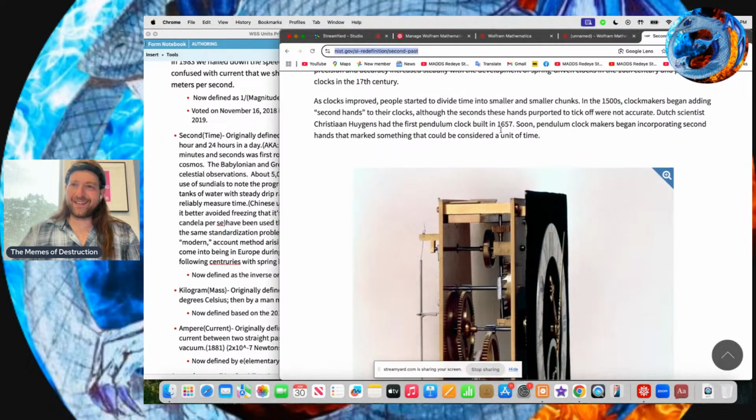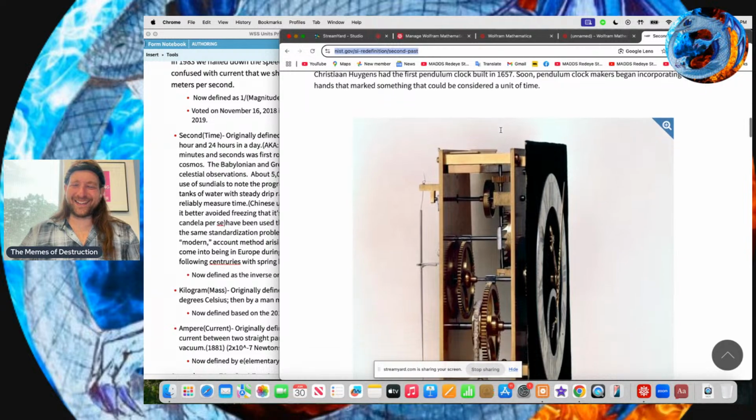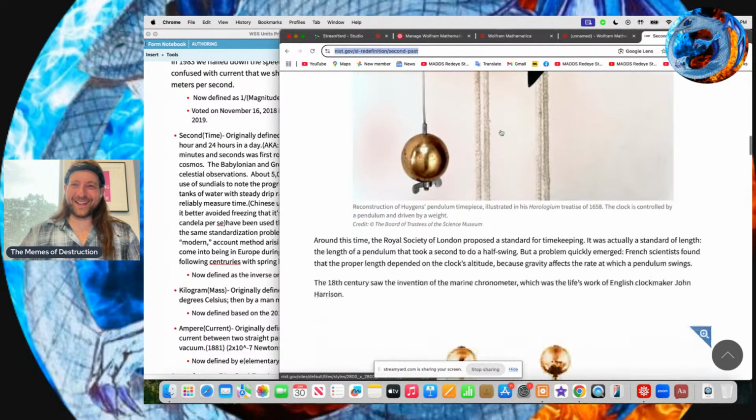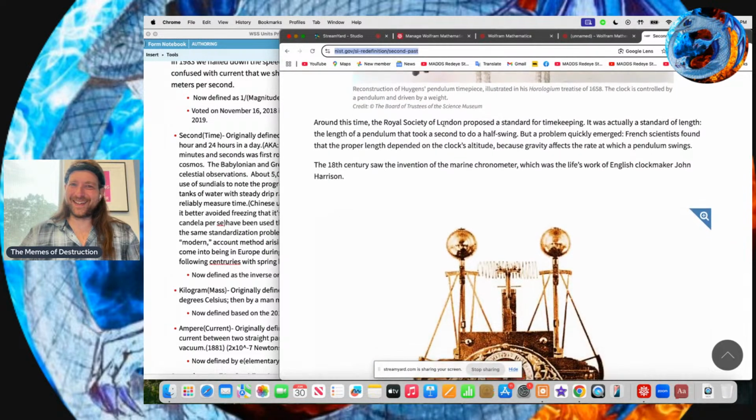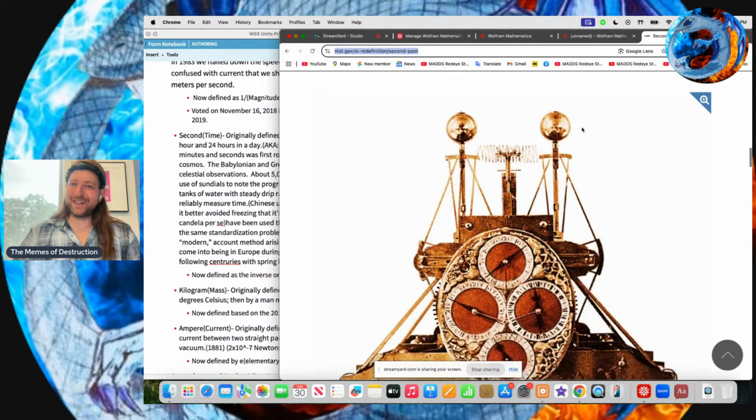Oh, we had the second Santa of the clock. Okay, so that does seem to be the second derivation. The second was a standard unit of length, the unit of pendulum it took. The marine chronometer, clockmaker, alright.